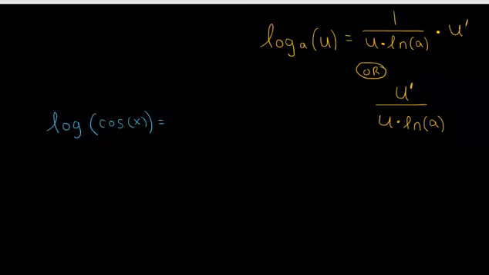Let's try another one. I want to try one that is a trig function. These become a little bit more interesting. Sometimes I find the trig ones are easier because they don't really require too much math. Let's try to set up the bookkeeping. I have u, then I have the derivative, and then I have the letter a. This one's pretty interesting.